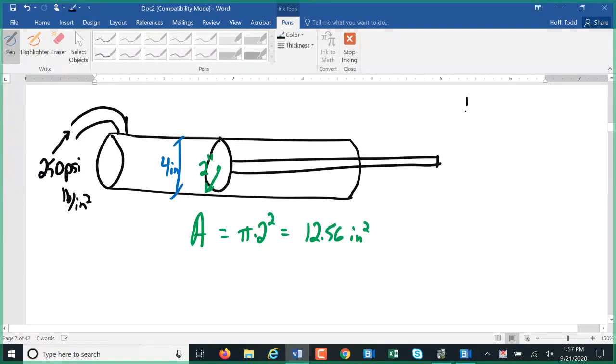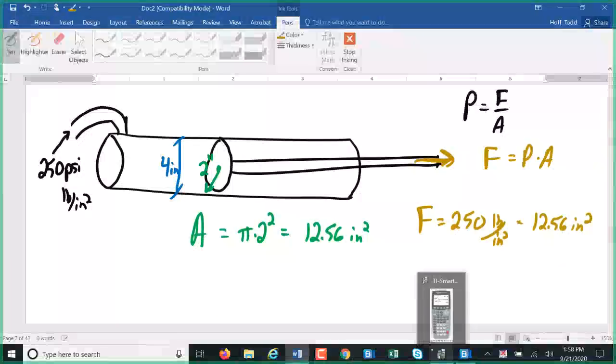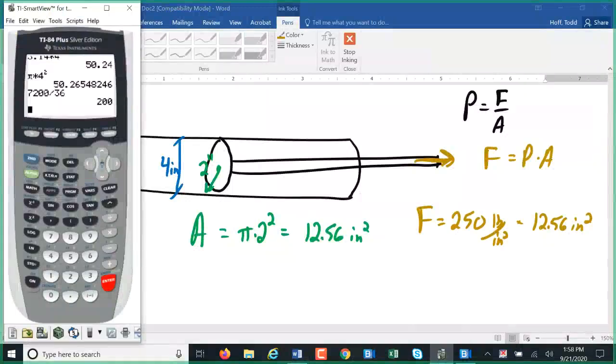Well, the formula we had was pressure equals force divided by area. But we could rearrange that formula to say that the force equals the pressure times the area. So the amount of force that this ram can push out with is that pressure of 250 pounds per square inch times 12.56 square inches. 250 pounds per square inch is a very, very weak hydraulic pump, by the way.